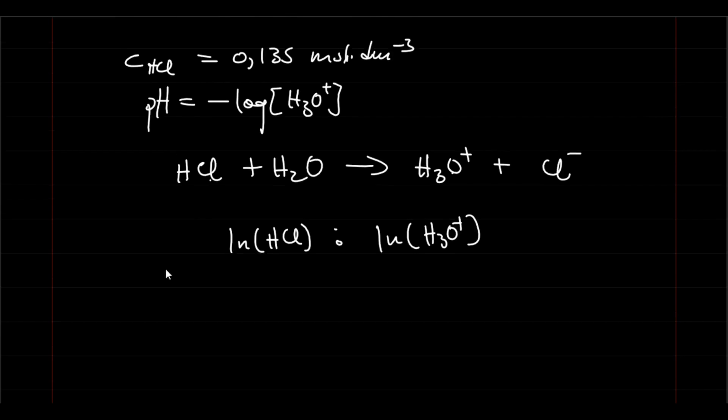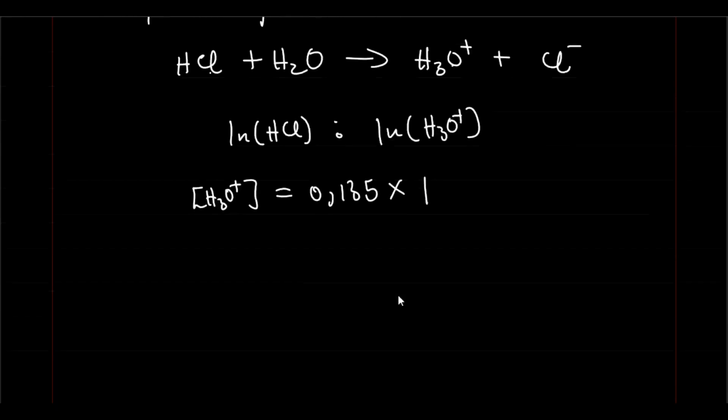So now I can say, I have to calculate the concentration of hydronium first. Concentration of hydronium is equal to the analytical concentration of HCl, which is 0,135, because this is 1 is to 1, so multiplied by 1.